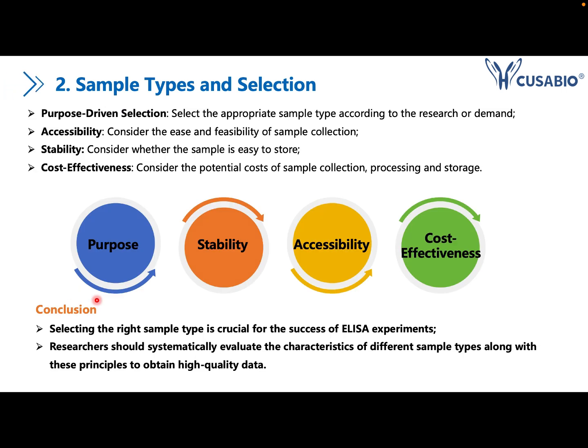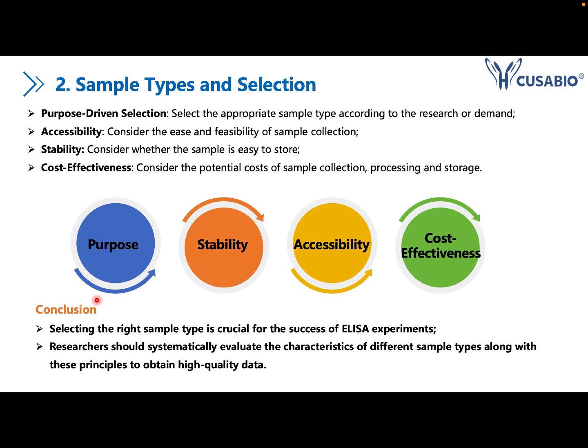This is a summary slide about the basic principles behind the selection. The first is the purpose. Please select the appropriate sample type according to your research or demand. Next, consider how easy and feasible it is to collect the sample and whether the sample is easy to store.